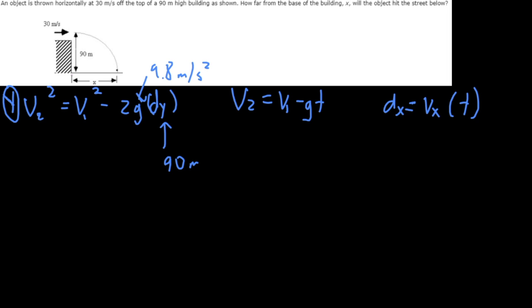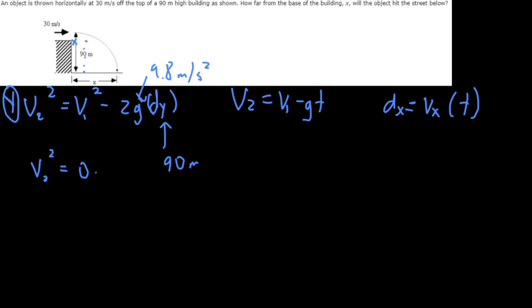Okay, so first we need to figure out how long it takes for the object to actually drop down on the vertical. So v2 we have to solve, so we don't know that, v2 squared. v1 we already know because at the top of the building, the object isn't moving, so that's 0.